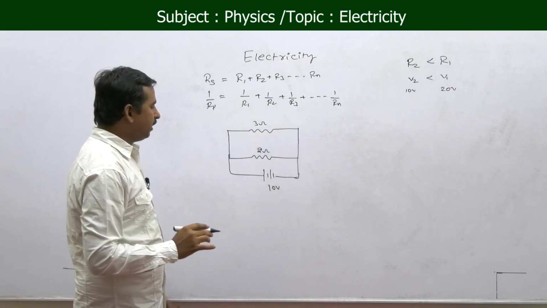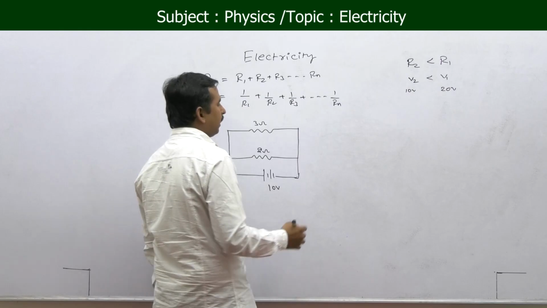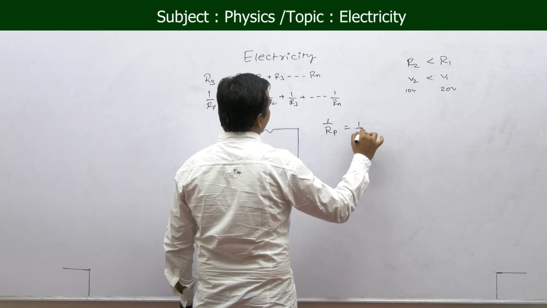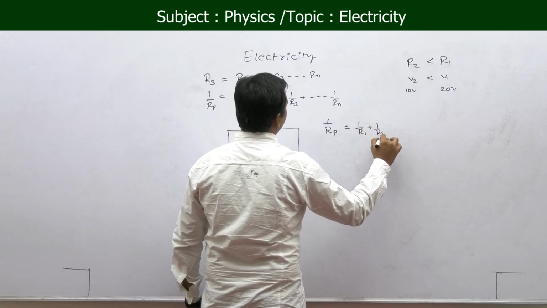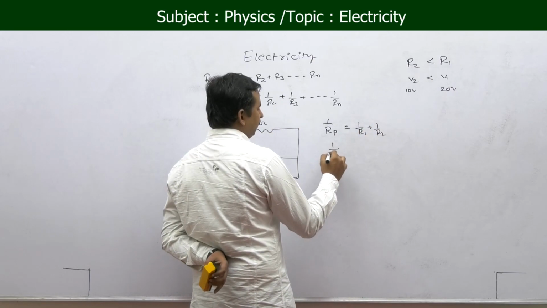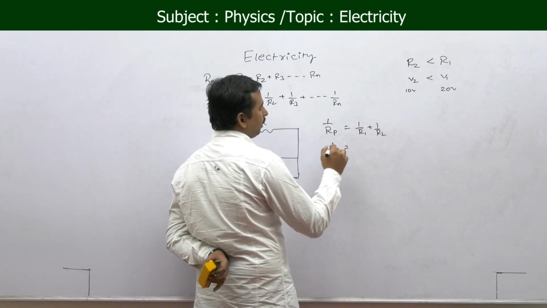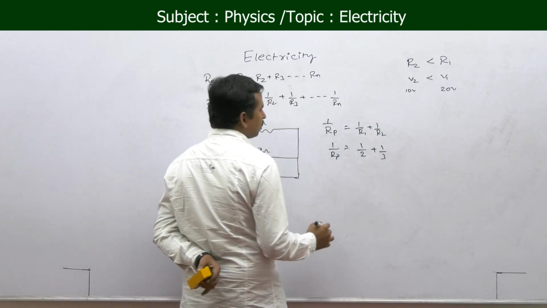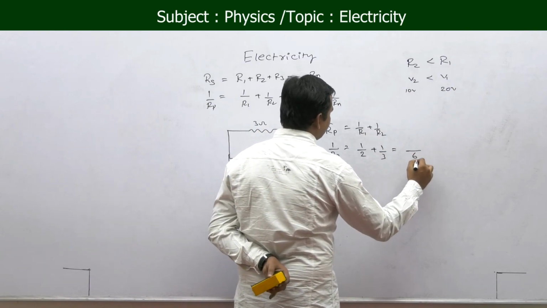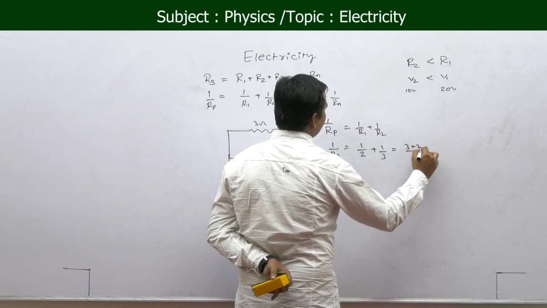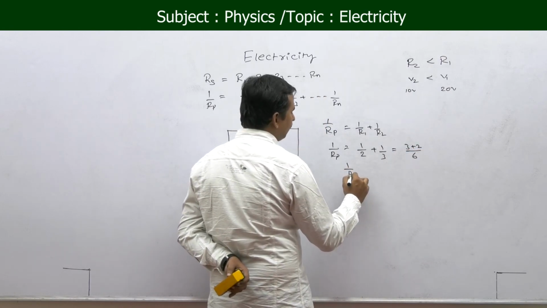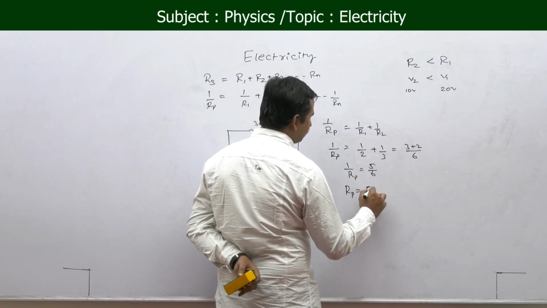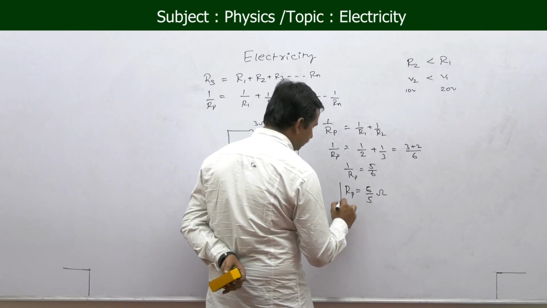Then the equivalent resistance is 1 by Rp equal to 1 by R1 plus 1 by R2. So 1 by Rp is 1 by 2 plus 1 by 3, the LCM is 6, so 3 plus 2, which is 1 by Rp equal to 5 by 6. Then the resistance offered here is 6 by 5 ohms.